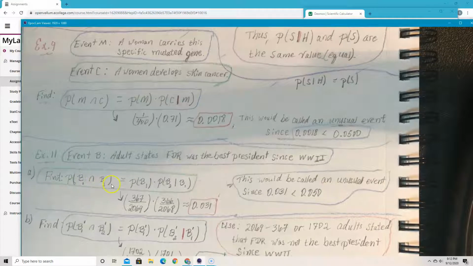Well, using the definition again, it's equal to the probability of the first event occurring times the probability of the second event occurring, given, knowing, conditioned upon that the first event occurred. The first person selected stated FDR was the best president. And then we get these numbers.